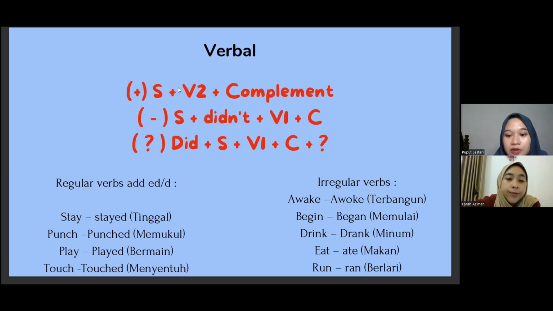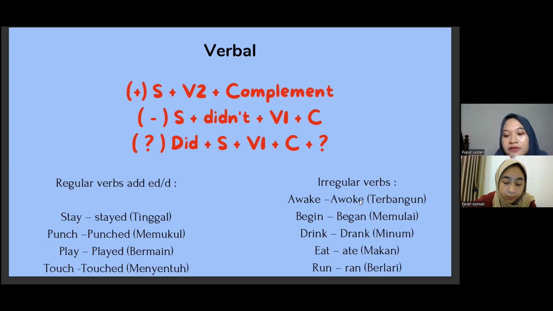And verb 2 has regular and irregular verbs. Regular verbs are those that have ed or d at the end, like stay, stayed; punch, punched; play, played; touch, touched. Okay.